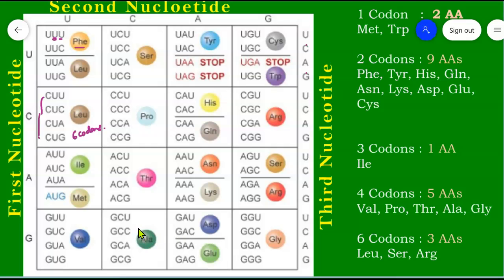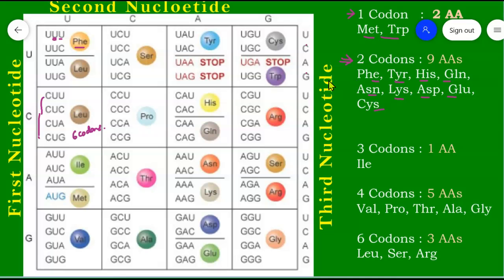Almost all the amino acids have more than one codon, except methionine and tryptophan. These are the amino acids which contain two codons each: phenylalanine, tyrosine, histidine, glutamine, asparagine, lysine, aspartic acid, glutamic acid, and cysteine.